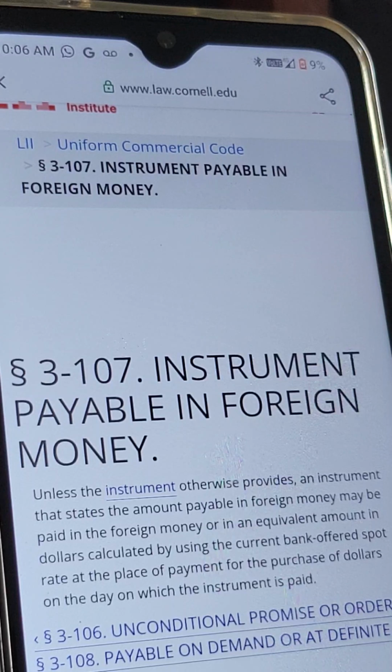So who has the highest rate of currency? And since negotiable instruments come from India, the Indian Negotiable Instruments Act, I could make it payable in rupees.